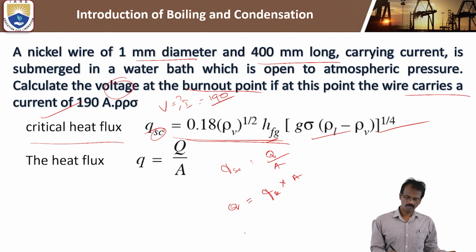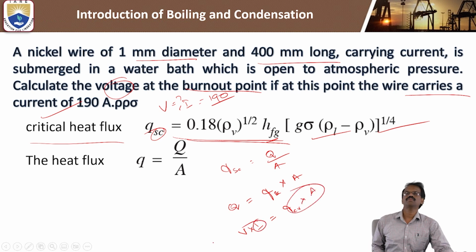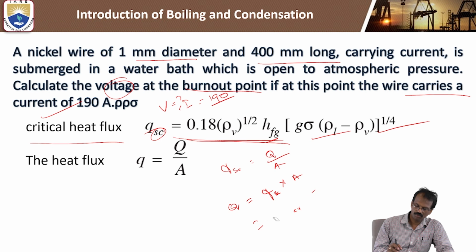You know that Q is nothing but voltage into I. So voltage into I is equal to the critical heat flux into area. You know the parameters, then you can find out the V value. So here we'll see how to find out this numerical.